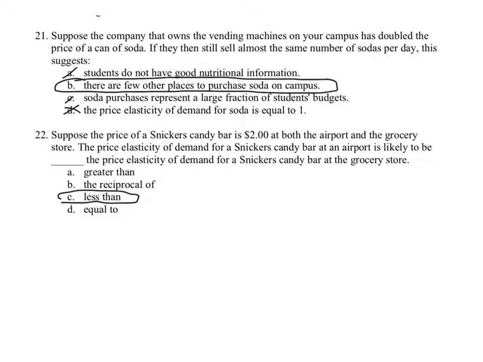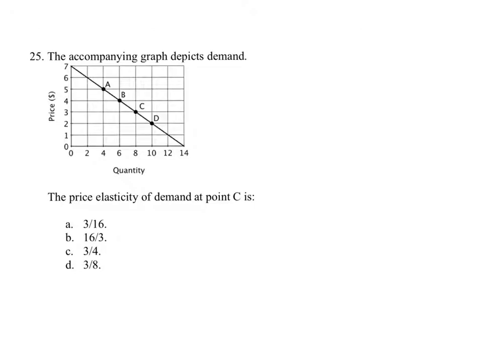So answer C is the right answer there. There are fewer substitutes. I'm not as responsive to changes in price. My price elasticity of demand in absolute value is lower than it would be at the grocery store. Learning how to talk about this stuff is a big part of what we're doing in an introductory course.